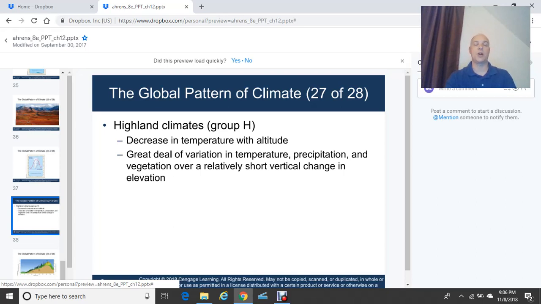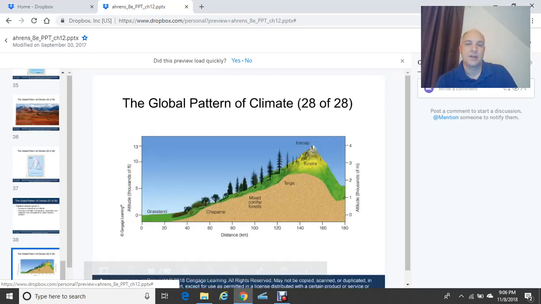You can see it by just walking trails. The vegetation may change rapidly. So here's an example of a vegetation change up a mountain in the Highlands type climate. Check this out. At the base of the mountain, you have grassland. If you were to continue to climb up this side of the mountain, you would run into chaparral, and then mixed conifer forests as you go up higher.